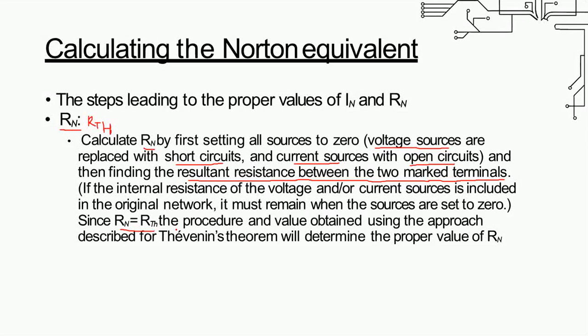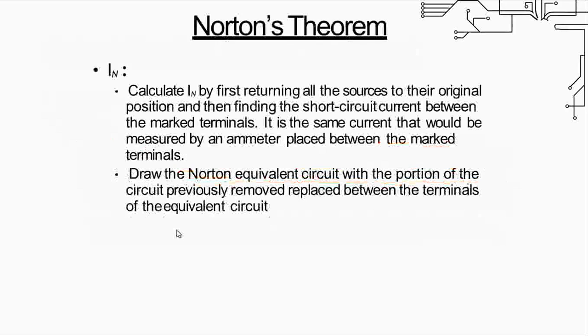Okay. So in this manner we are calculating our Norton's resistance. Now how to calculate short circuit current or Norton's current? To calculate the short circuit current or Norton's current, first of all we have to short circuit the branch between the marked terminals.